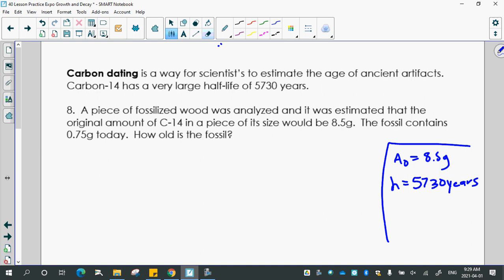You also have A at t, the amount remaining, which is 0.75 grams. And what are they asking me to find? Time. How old is that artifact or fossil?